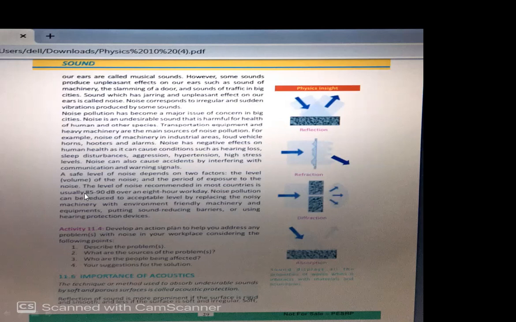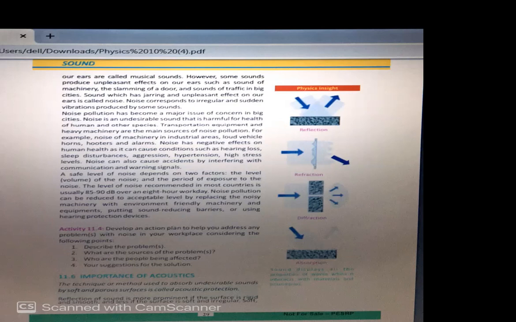So if you are working at 85 to 90 dB, it is good for you. But if you are working at more than 90 dB, then it is not good for your ears. You can lose hearing. Noise pollution can be reduced to an acceptable level by replacing noisy machinery with environmentally friendly machinery and equipment. How can we reduce the noise?